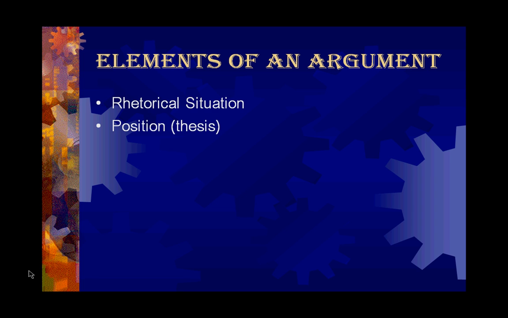The position itself would be the argument that you're having. The claims would be the evidence, the supports, those topic sentences, the reasons why you want to persuade someone, however you want to do that.